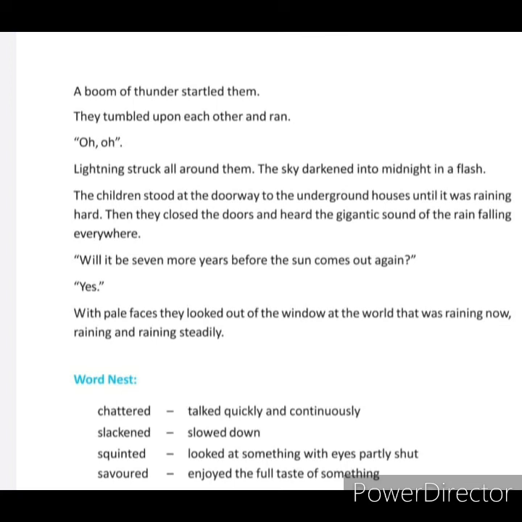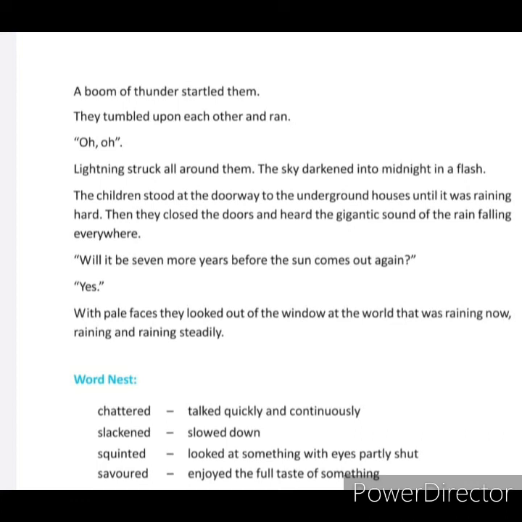"Oh, oh!" Lightning struck all around them. The sky darkened into midnight in a flash. The children stood at the doorway to the underground houses until it was raining hard. Then they closed the doors and heard the gigantic sound of the rain falling everywhere.